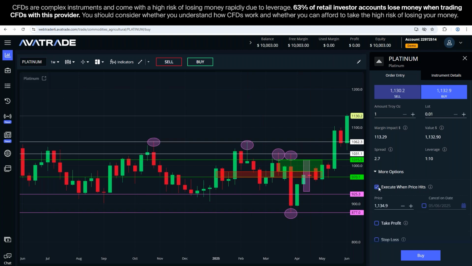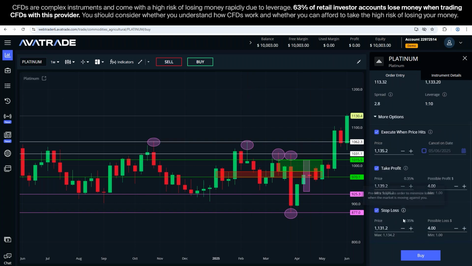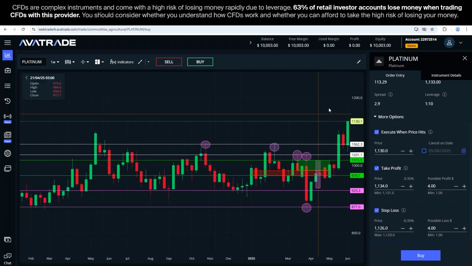And let's also enable all 3 pending orders: execute when price hits, take profit and stop loss. And we're going to go for the current price, place it in here, then we can flatten out the results without the market fluctuating and disturbing the result for us.